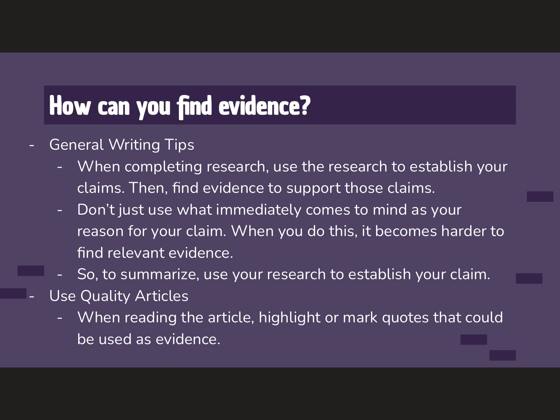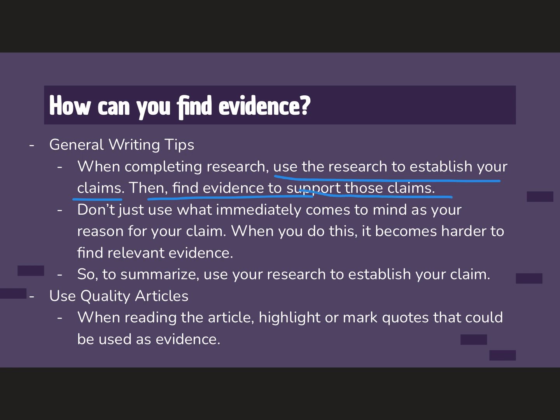Now, how are we finding evidence? So just some general writing tips. When completing research, you want to use the research to establish your claims. What that means is you are looking to read first and then base your ideas off of the reading, and then you find evidence to support those claims.